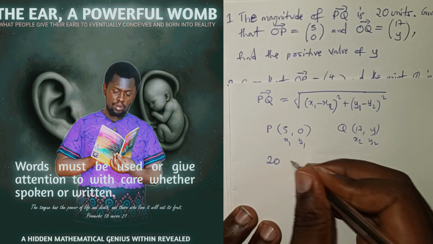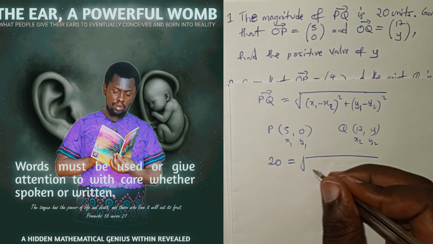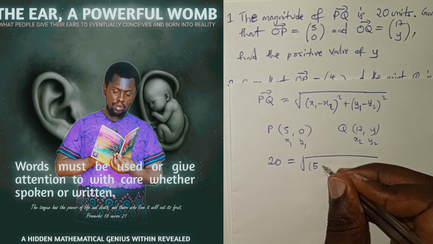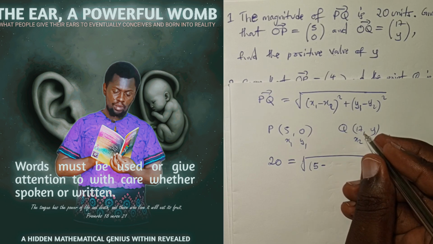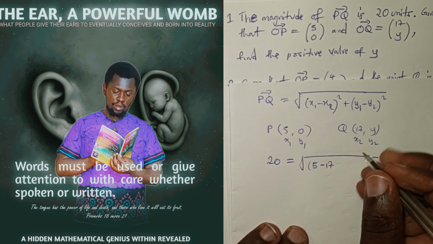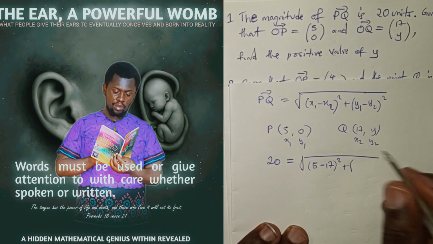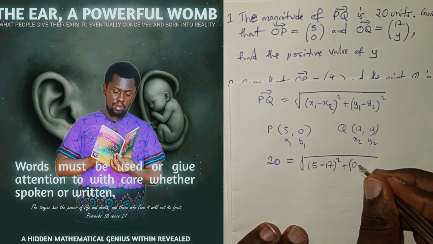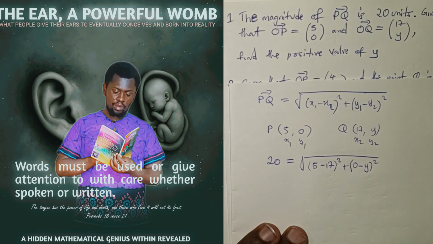So you have 20 is equal to square root of x1 is 5, so we have 5 minus x2 is 17, so 17 squared. Then plus y1 is 0 minus y2 is y, again squared.